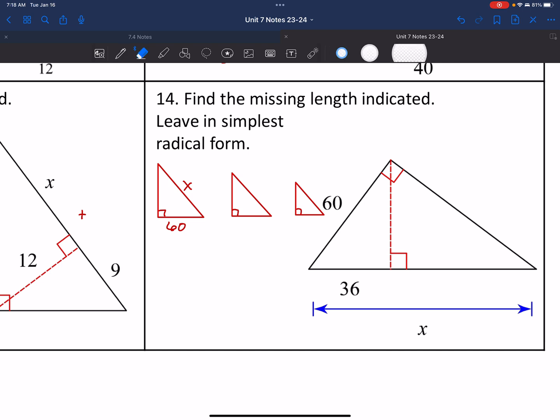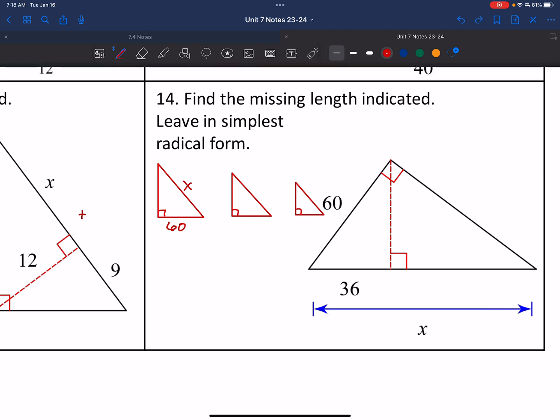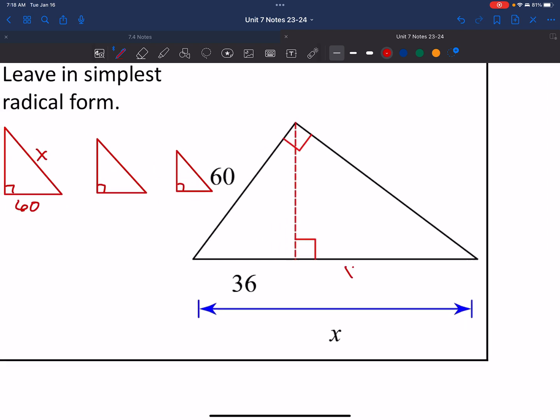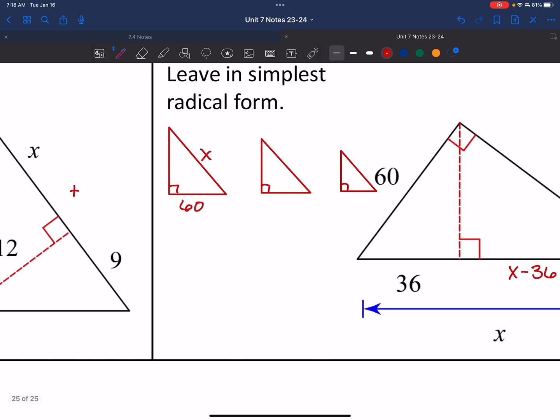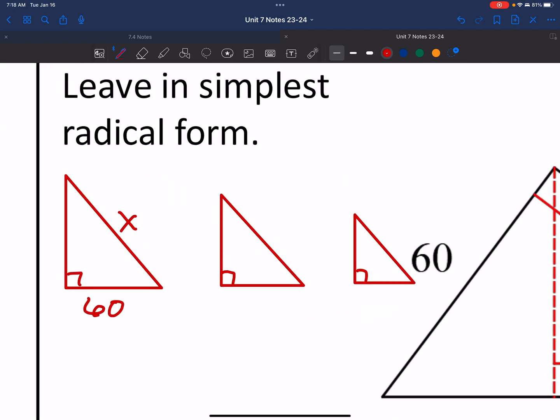And then on the medium triangle, this one over here, they didn't give us anything directly, but I know that this whole length is x, this is 36, so I'm going to say that this is x minus 36. So on the redrawn triangle, that would be this side, x minus 36.